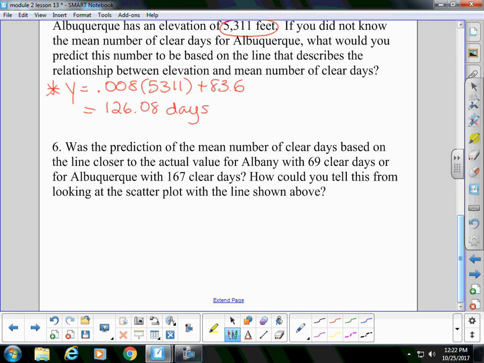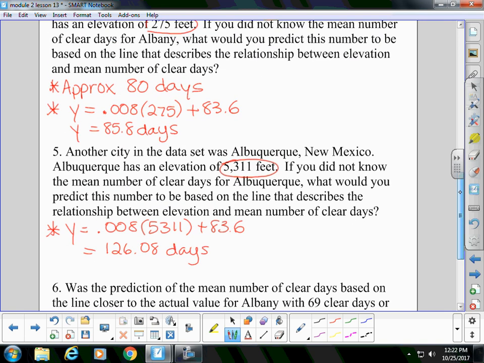So for Albany, the actual number was 69, and the calculated answer came out to 85, I think, 86 days.